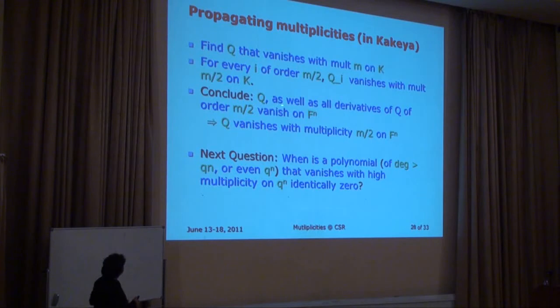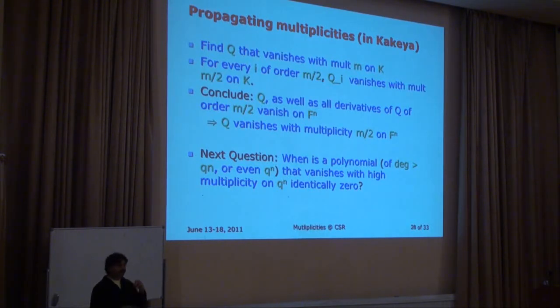Now we can apply that same statement syntactically to the first derivative of q, to the second derivative of q, up to the m over 2th derivative of q, any derivative of order up to m over 2 of q, and conclude they are all vanishing at this point. So we conclude that q has a root of multiplicity m over 2 at every point in the space.